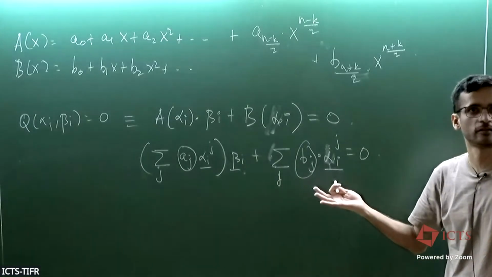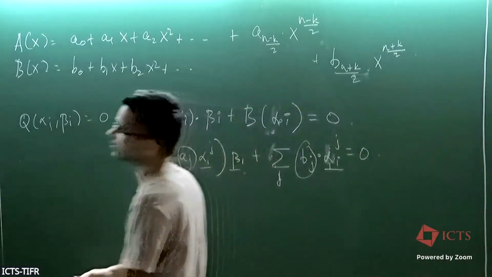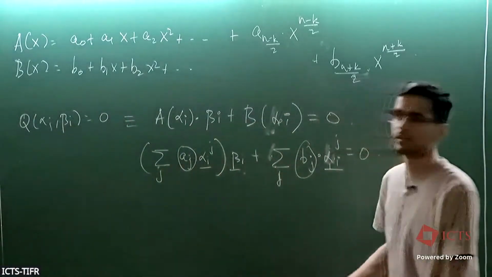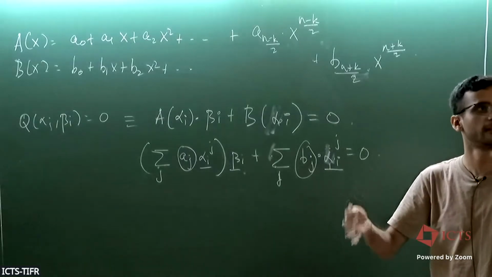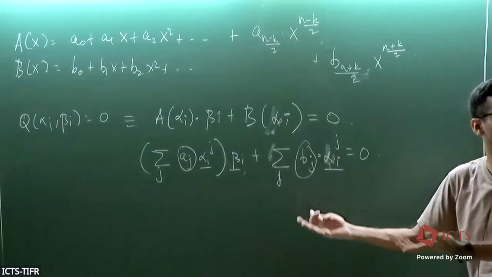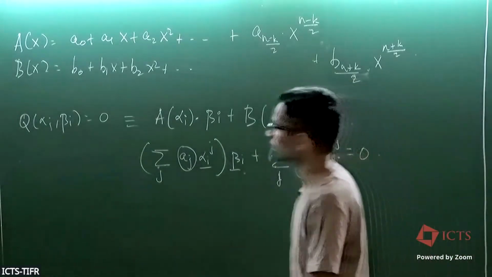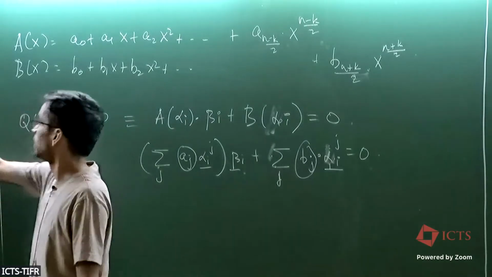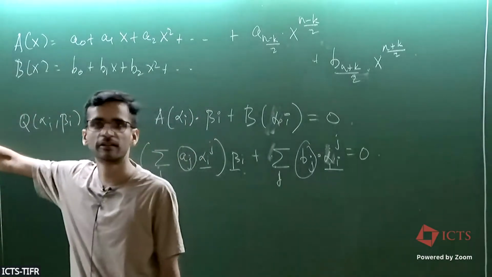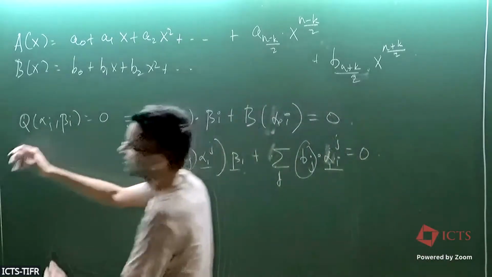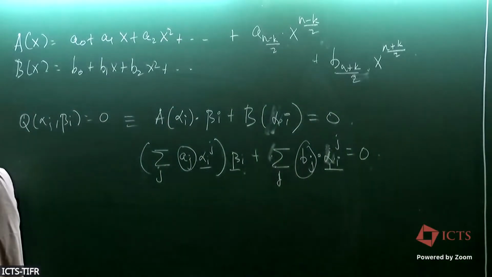So for all i in [n], Q of alpha_i, beta_i equals 0 is a collection of homogeneous linear constraints in the little a_i's and little b_i's. So it's a linear system. The question of getting our hands on little a_i's and little b_i's satisfying this condition is the same as solving a linear system, and this is just a linear system solver.